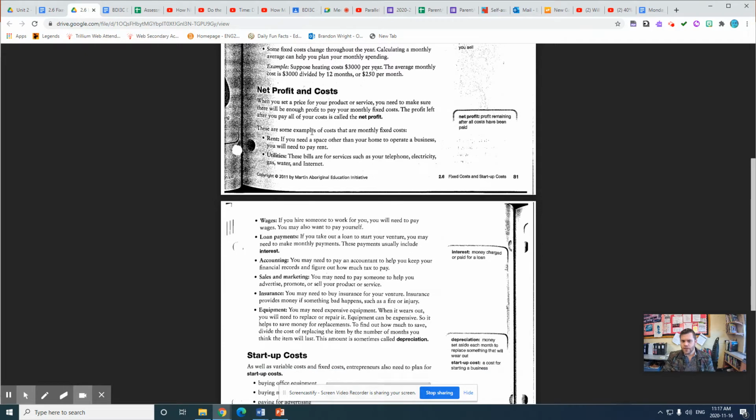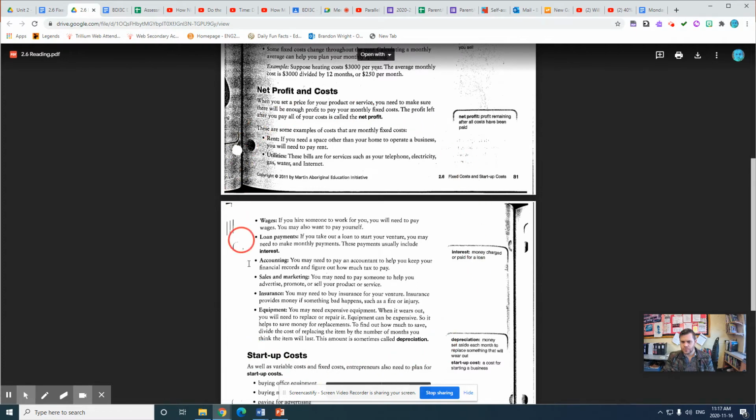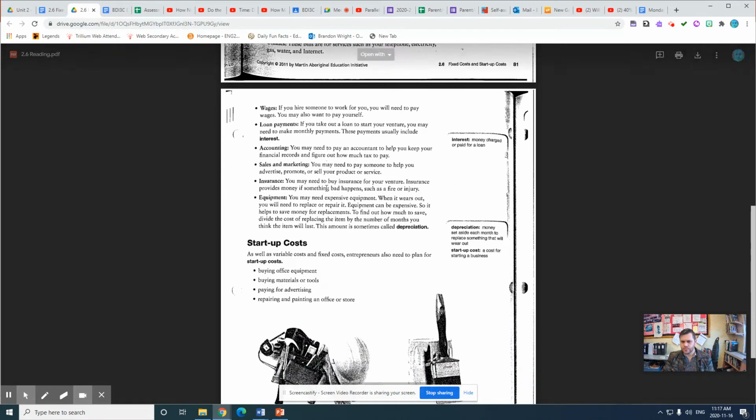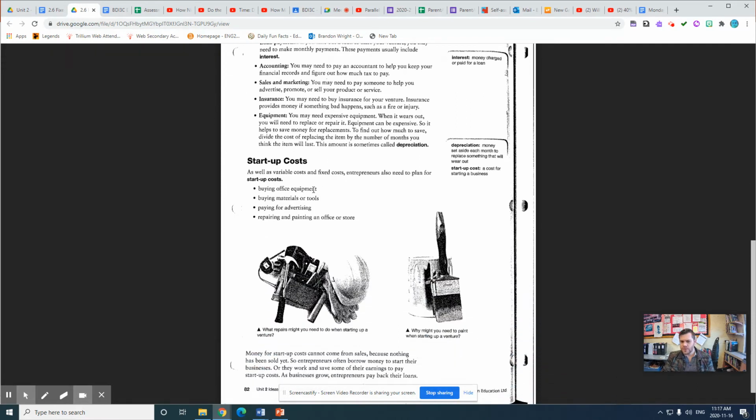And some examples of monthly fixed costs are right here. Now, startup costs, these are things you need to buy before you can even start making money.